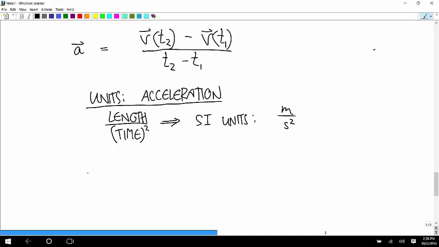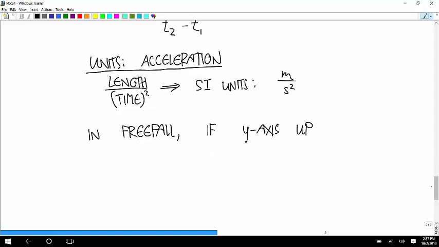And for free fall problems, remember free fall and projectile motion are probably the most important application of the constant acceleration equations. If something's in free fall or projectile motion, if you choose a y-axis up, then the acceleration vector is known.